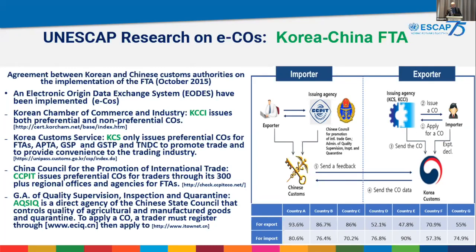Right now, the Republic of Korea has 57 free trade agreements, and the table below shows, for some countries from the European Union and some from Asia, the increase of the issuance and exchange of certificates of origin of the Republic of Korea with the 57 FTA countries.